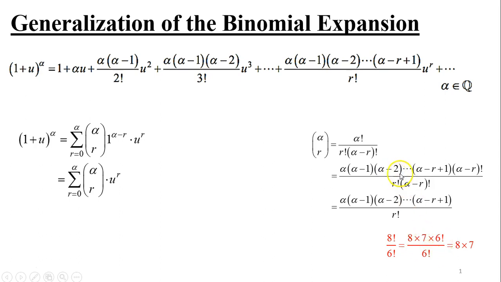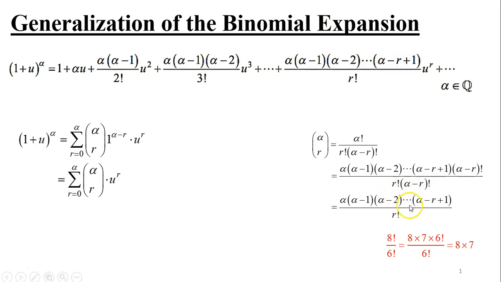So over here, having alpha minus r factorial at the denominator, I stopped the product at the numerator at alpha minus r factorial in order to be able to simplify. And here, referring back to the numerical example, what comes before 6 factorial is the 7. So what comes before alpha minus r is alpha minus r plus 1. This is where the alpha minus r plus 1 that you see in the formula comes from.